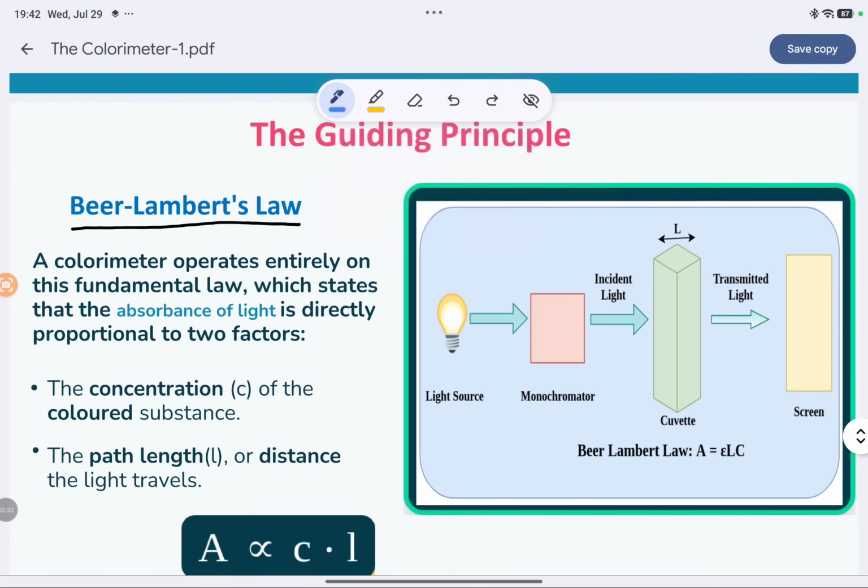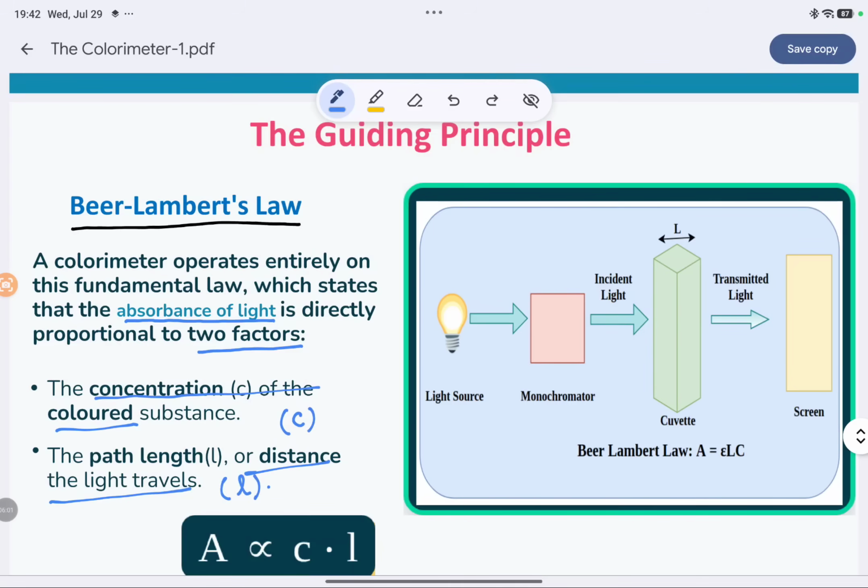It states that the absorbance of light is directly proportional to two factors. One is the concentration of the colored liquid, which is denoted by C, and the other is the path length, or the distance traveled by the light, which is denoted by L.